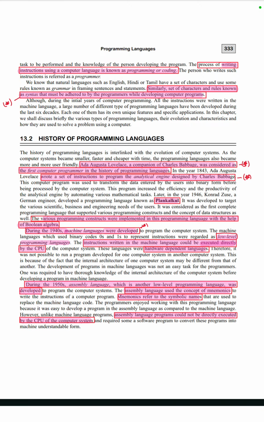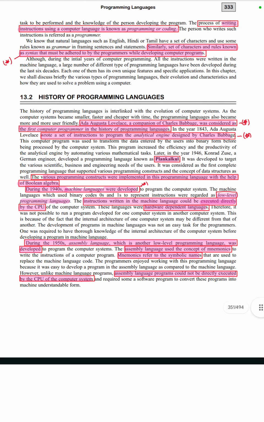Ada Augusta Lovelace, a companion of Charles Babbage, was considered the first computer programmer in the history of programming languages. She wrote a set of instructions to program an analytical engine designed by Charles Babbage.